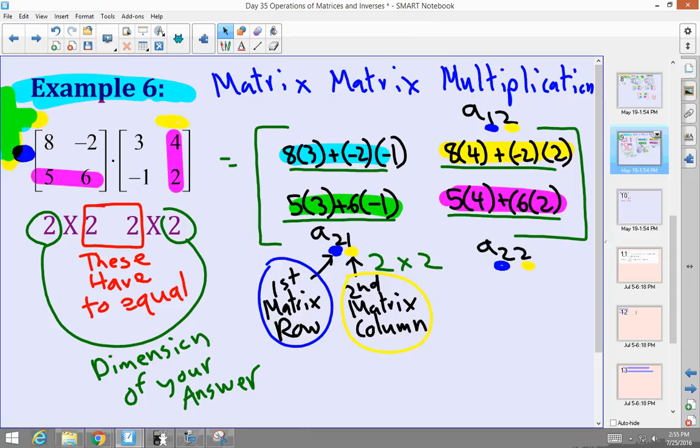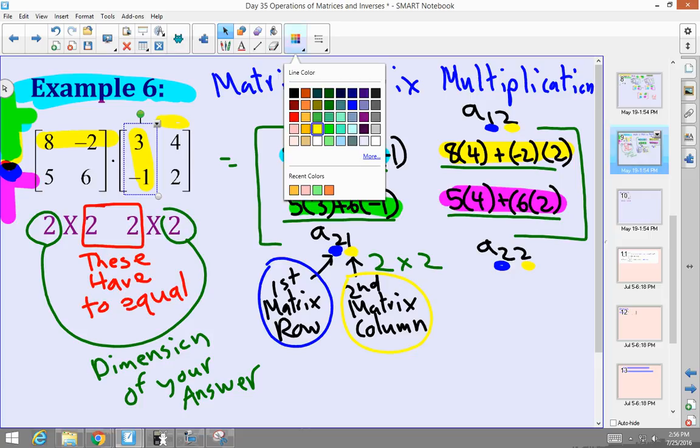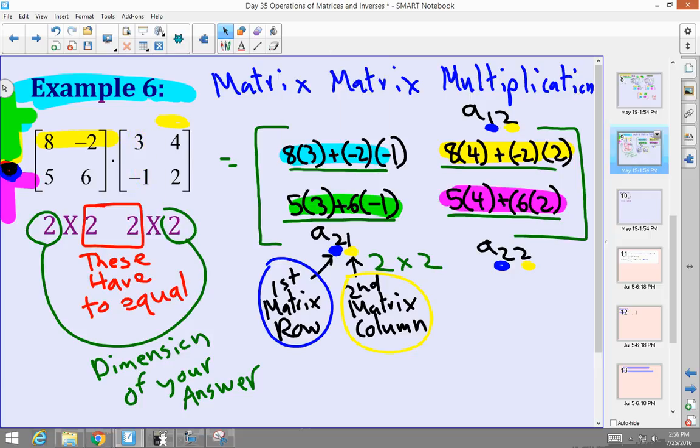So if I slowly set up the highlights for each one, I had row 1. Okay, I'll just start again. Row 1, column 1. And I color coded that wrong, so let's just restart. Okay, here we go. For the first one, top left, row 1, column 1.